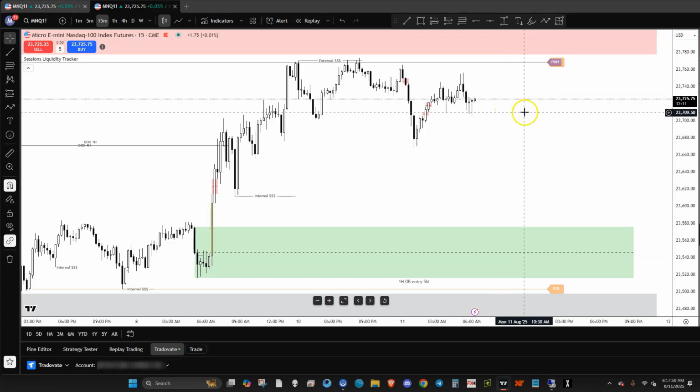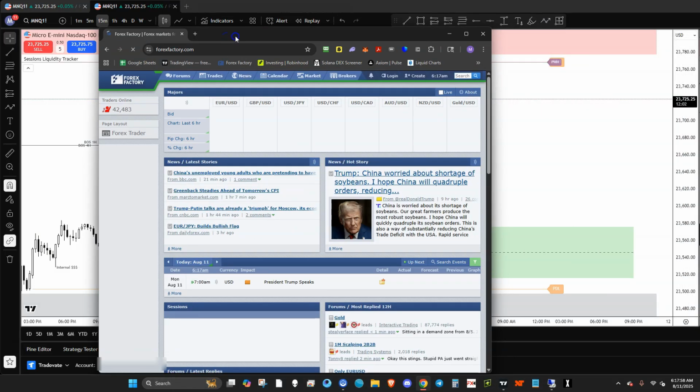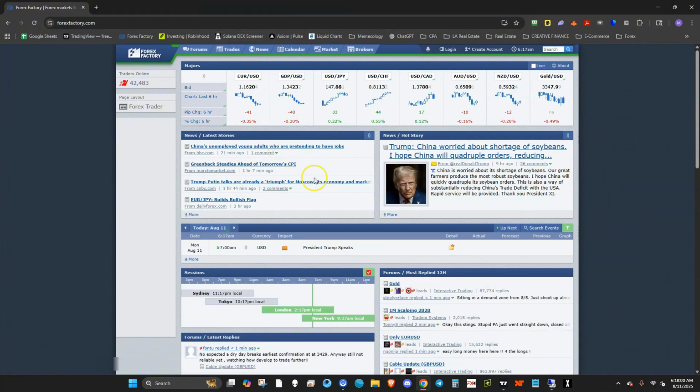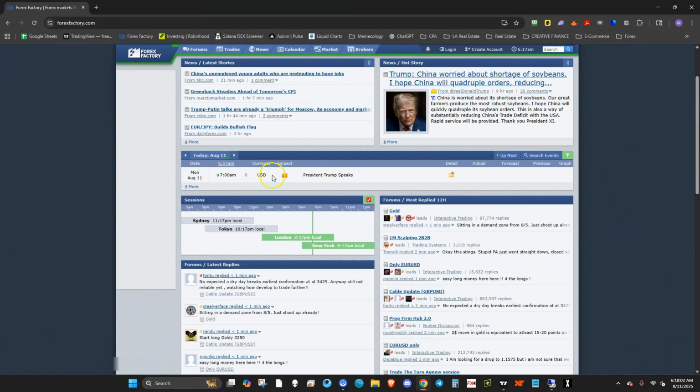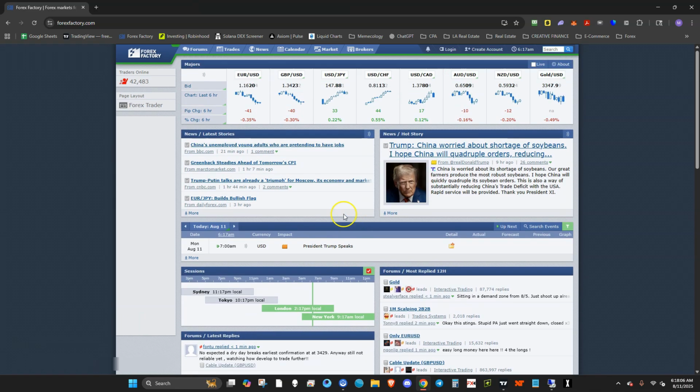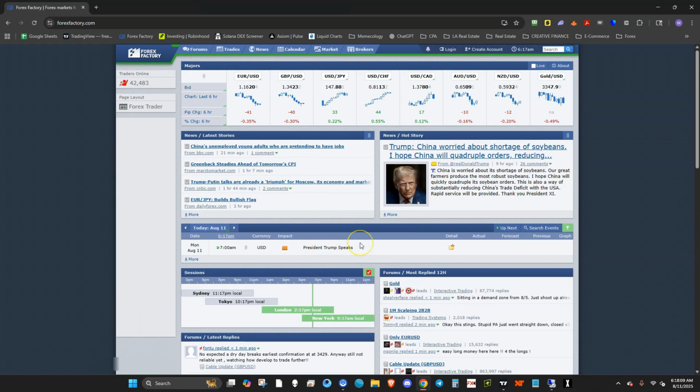You want to check the news every day. We want to check forexfactory.com, this right here. So what do we have today? We have a 7 a.m. President Trump speaking, which is going to move the market anyway. Whenever there's news, that's the catalyst for the market to move.